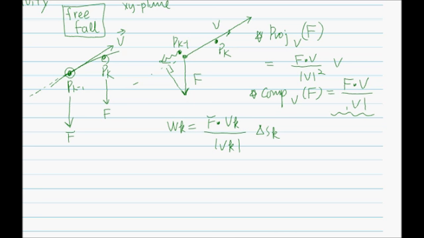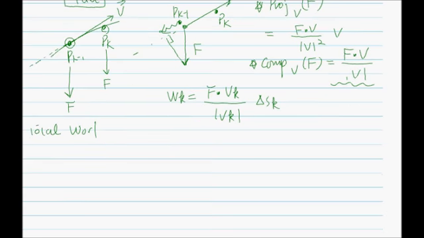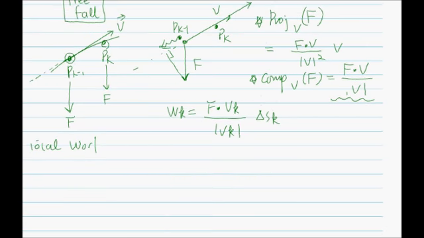So if we add up all of this, that is supposed to be the total work. So I'm going to write down the idea that the total work done by the gravitational force must be very, very close to this sum.